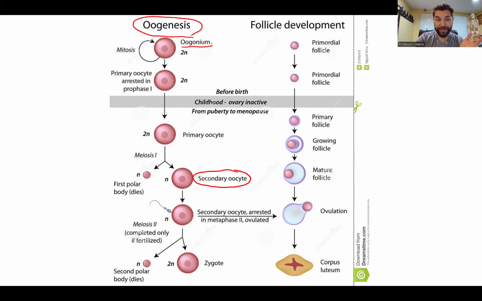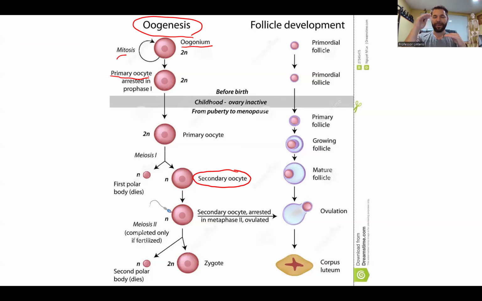They do mitosis, so you make a bunch of them that are very similar. And then as they enter this oogenesis process, they initially turn into a primary oocyte. So the general pathway is a gonium to a primary cell, whether it's sperm or egg.